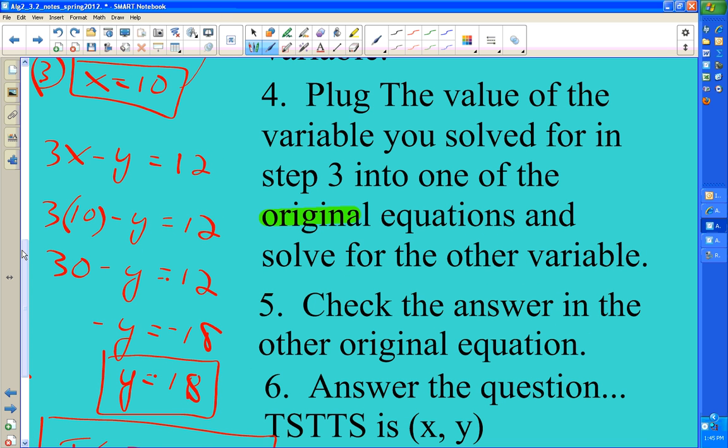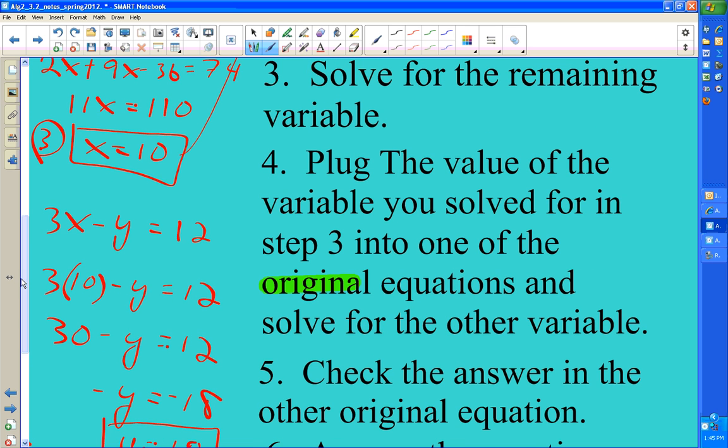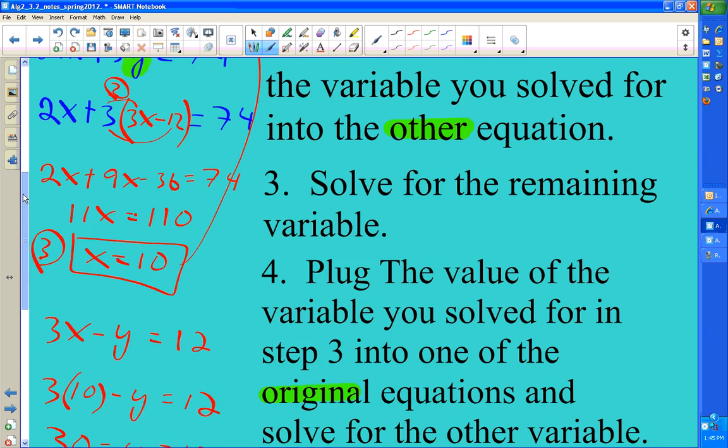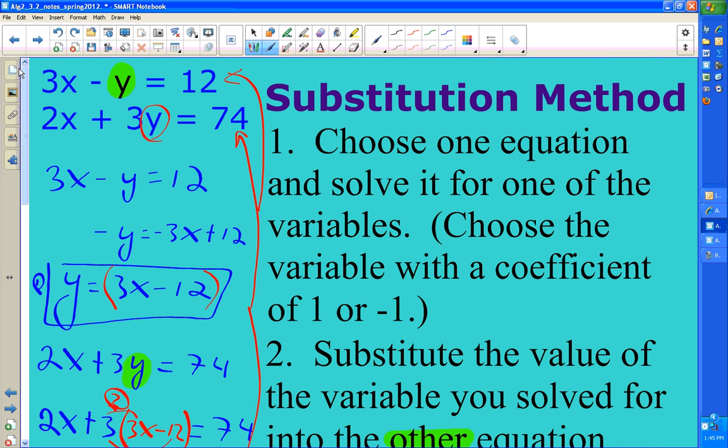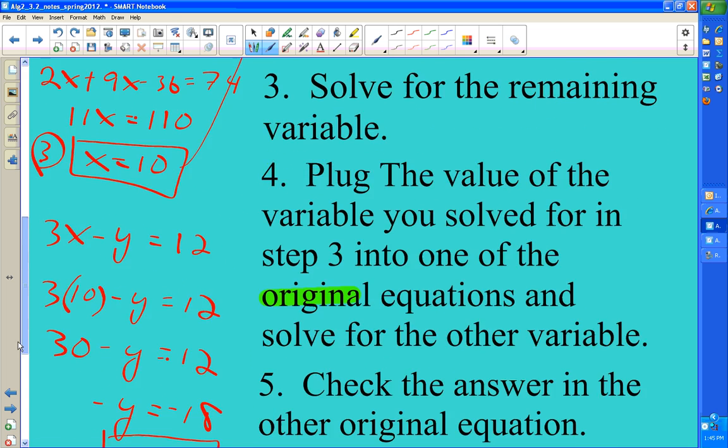So once you solve for the other variable, the y in this case, I always take my answer and check it in the other original equation. So I plugged into the first one, so I can take 10, 2 times 10 is 20, 3 times 18 is 54, 20 and 54 is 74. That's a good answer.